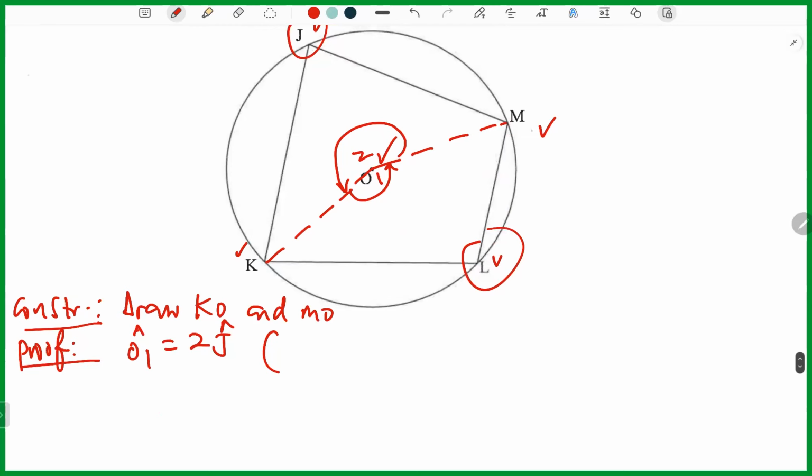Because angle at center is equal to twice angle at circumference.